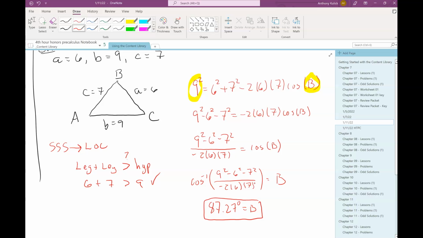So I'm going to solve for either angle A or C. Yes, Drake? You have to solve for the smallest angle. Yeah, so when I use the law of sines, I want to look for the smallest angle. So in this case, that would be which one, A or C?